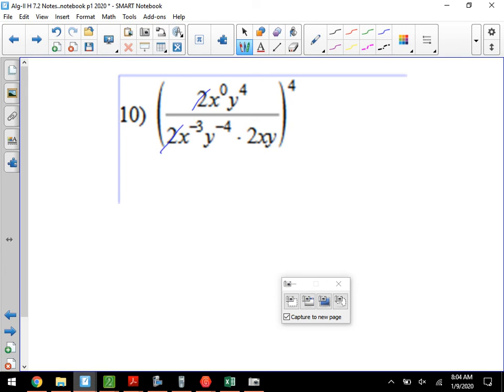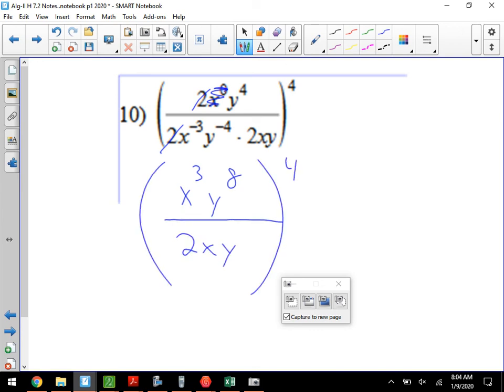What's x to the 0? 1. So we don't have to worry about this. So now my new fraction, when I move the other stuff up, will be x to the 3rd, y to the 8th, over 2x, y, and this is all still to the 4th. One more thing, I would simplify the x to the 3rd and x, or y to the 8th and y, and I get x squared, y to the 7th. You okay with that?